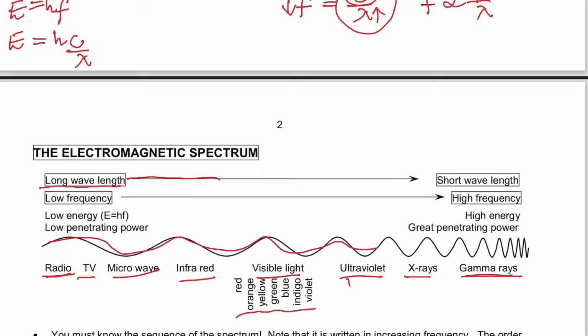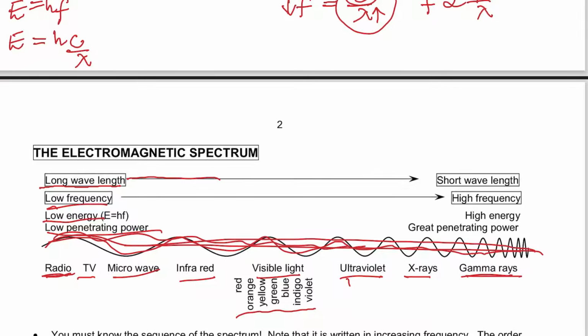Do you see the waves? The wavelength becomes shorter, and the frequency increases as you go from radio waves to gamma rays. The energy is lower there, and the energy increases as you go that way. Penetrating ability also increases as you go that way.